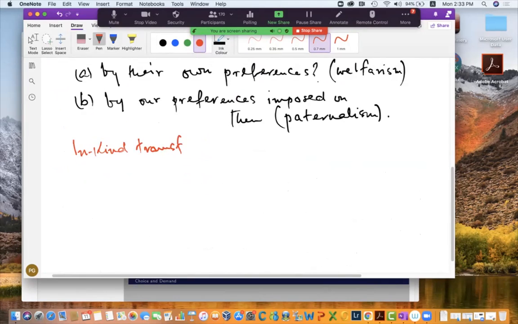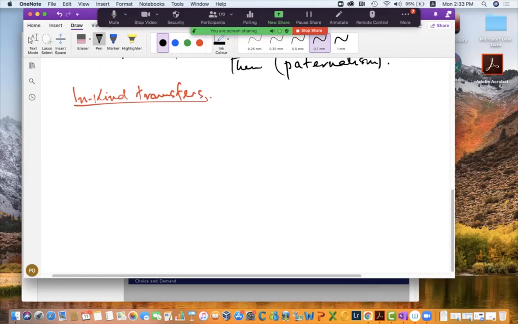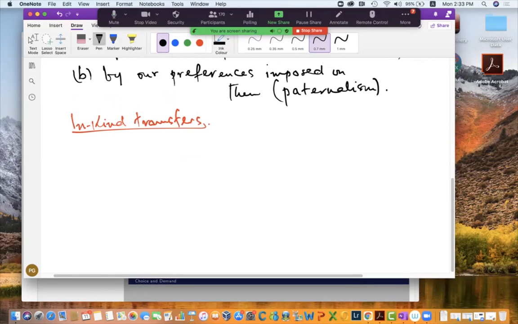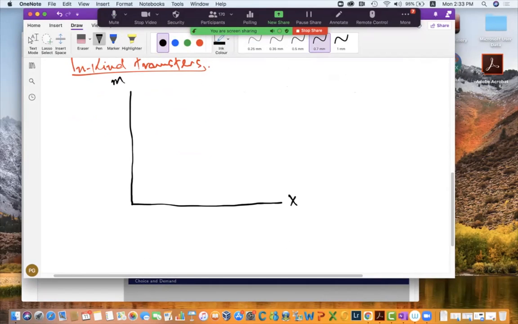Okay. So again, let's draw the picture. This is our food access. This is other goods. The initial budget line of the poor household is here.